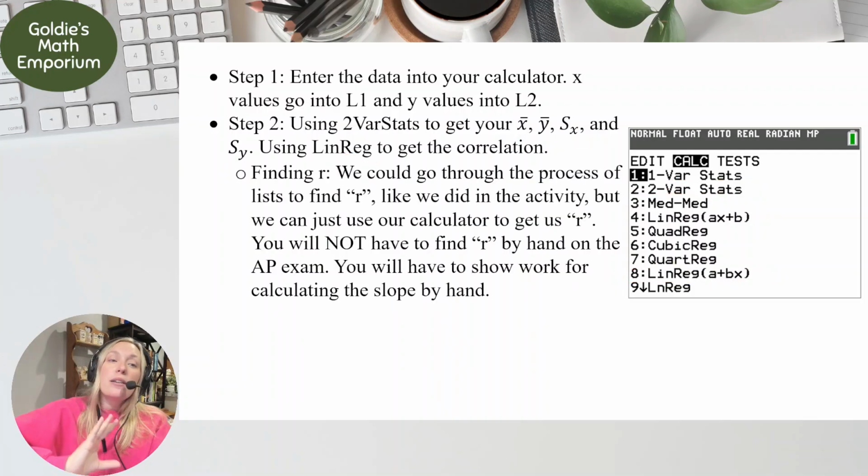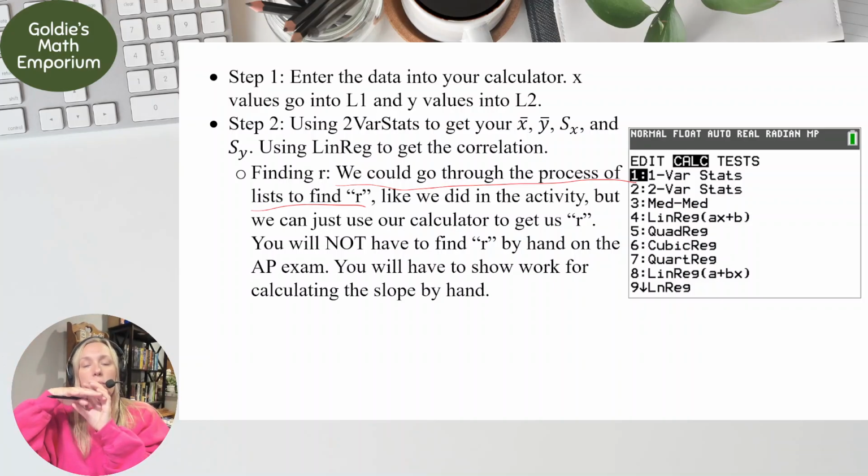Okay. So finding r, again, here's a little note. We did a process of lists to find correlation, quote unquote, by hand when we were doing an activity earlier. But that's not going to be something you're expected to do on the AP exam. It's good knowledge. It's good to know how to use lists to get what you want to do, but it's not something you're going to actually have to do to get r.